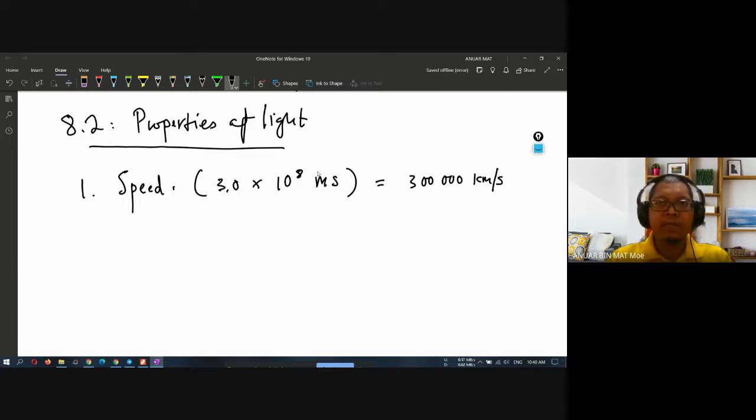Can you imagine how fast it is? Number one, that is the first property of light. You must understand and try to memorize the speed of light. Okay. How about the second one?